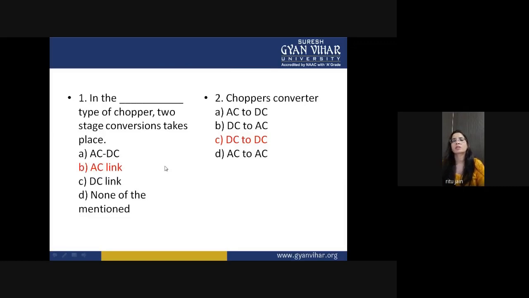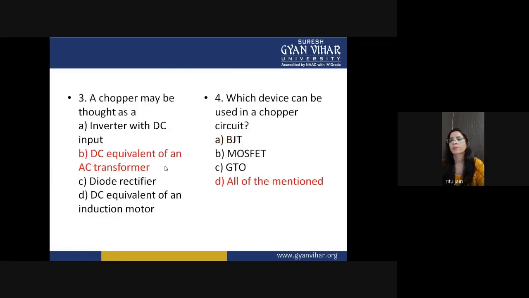So first question is that in the type of chopper, two-stage conversion takes place, which takes place in your AC link. Chopper converter is used for DC to DC conversion. A chopper may be thought of as an inverter with DC input, a DC equivalent of an AC transformer, a diode rectifier, or a DC equivalent of an induction motor.